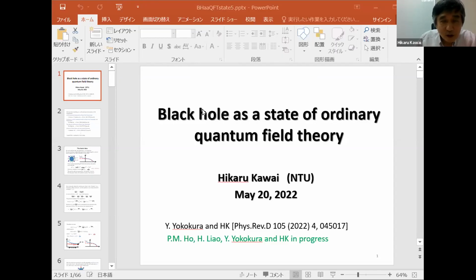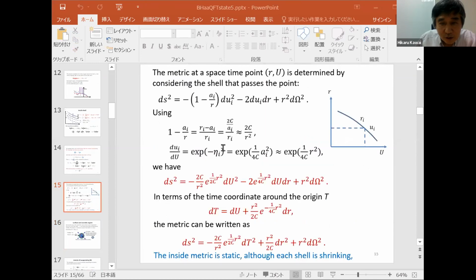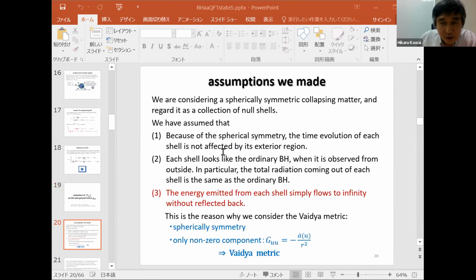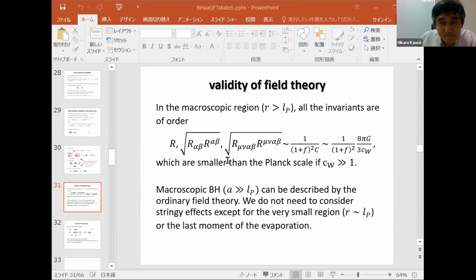Okay, so one thing I can say is, as we have seen, if the central charge is large, the curvature is smaller than 1 over the Planck length.